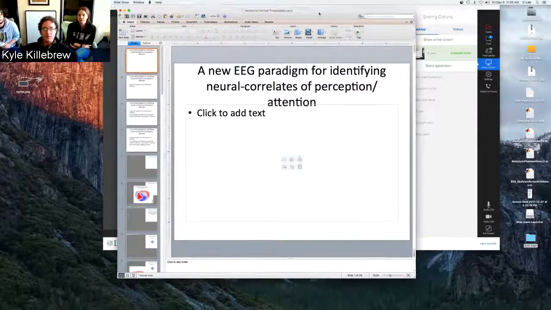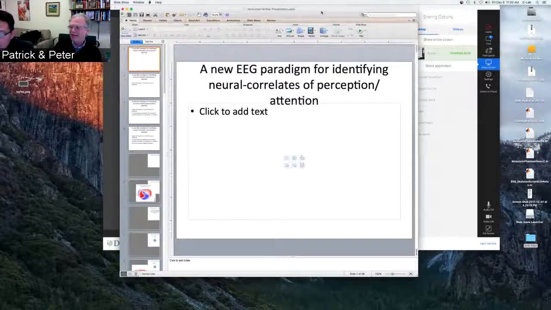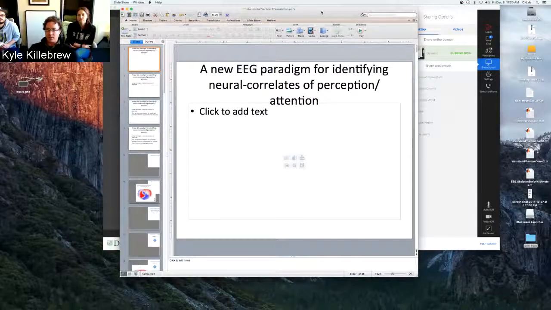So do you remember that Ed DeYo MRI study where he said, I know where you're attending? Something like that, yeah. And has anybody done anything like that with EEG? There was a very nice poster at VSS, I don't know if it's been published yet, by John Sorensis's group, where they do MVPA and show that you can decode position and the identity of the item that's being attended.